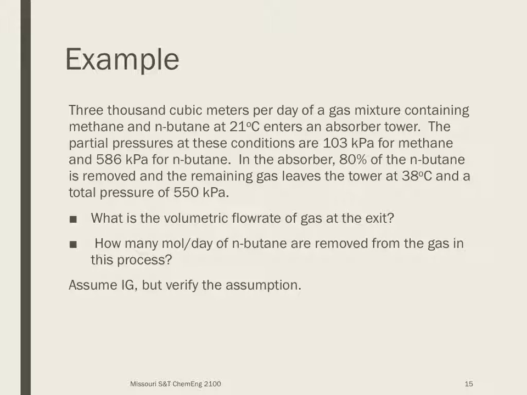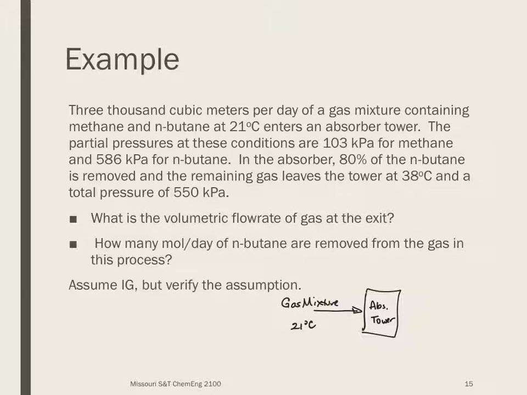So in this case, we are working a material balance problem. Basically, I have the gas mixture that comes in at 21 degrees C under the conditions stated there, and it's going into an absorber tower.